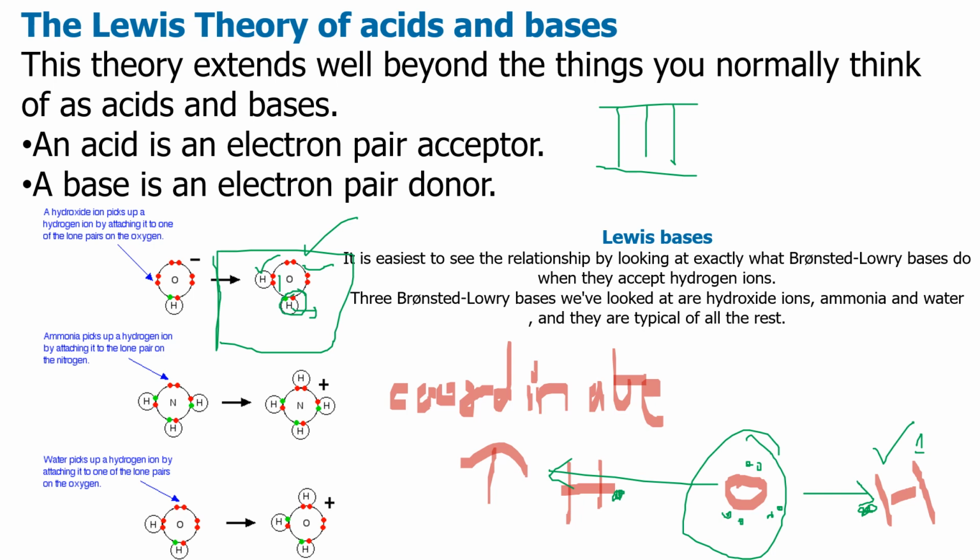All the elements of the third group, like aluminium, are electron deficient. They don't need electrons, that means they are electron acceptor acids. Most of them create an acid. Okay, keep that in mind. That's a key point.